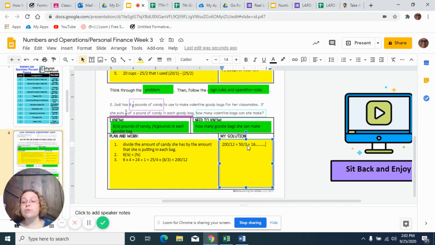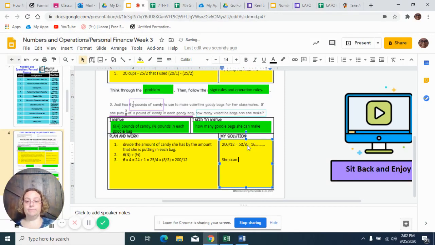No, I wouldn't do that. You either all get the same amount or you don't get any, right? So if she has enough for 16 bags and then just a little bit more, do we count the little bit more? No.